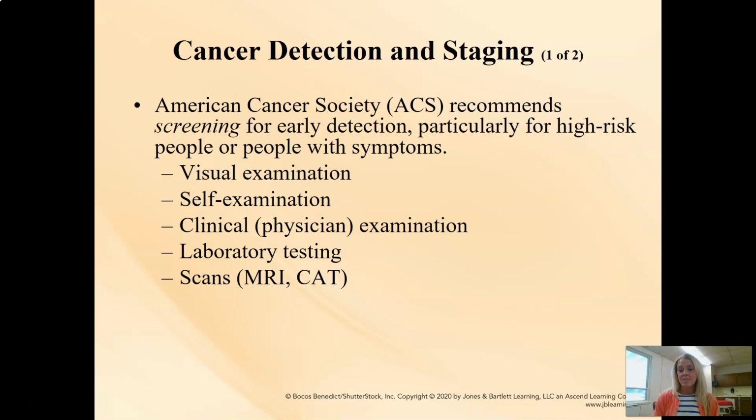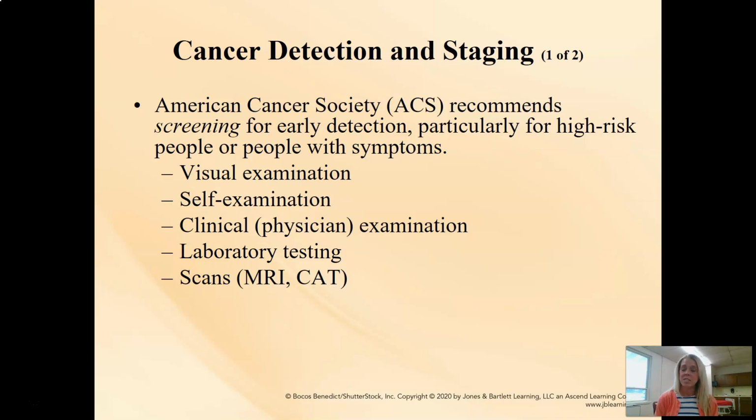The American Cancer Society, you'll see ACS a couple times throughout this lecture, recommends screening for early detection, particularly for those people who may be considered high risk for cancer or if they have any symptoms. A visual examination may sometimes be enough. Sometimes self-examinations, we talk about breast self-examinations, skin exams to try to detect cancers early.